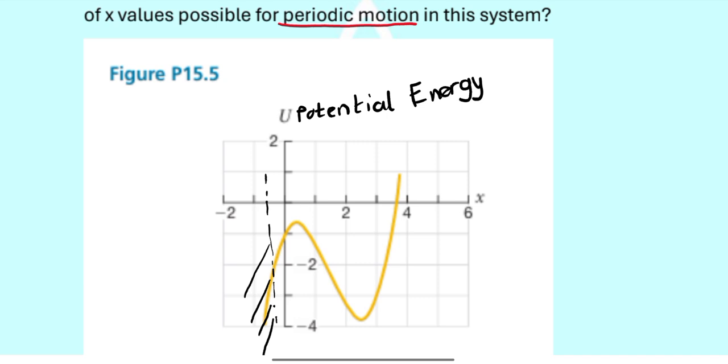Its potential energy only decreases, it never increases. And if potential energy only decreases, there is no periodic motion.